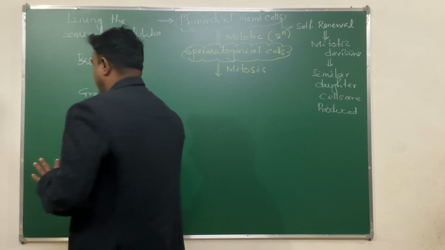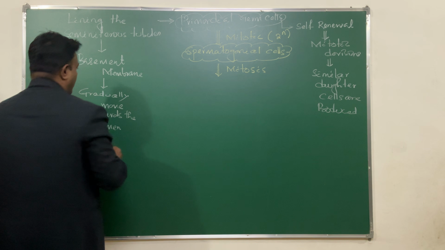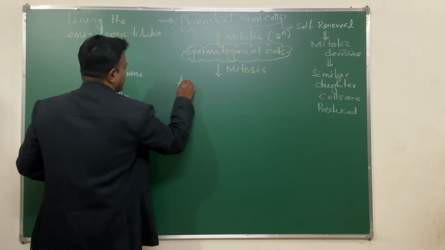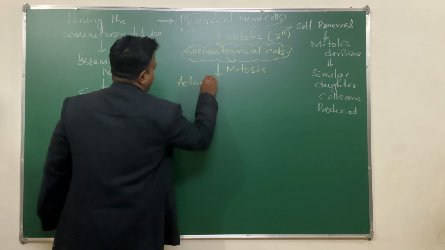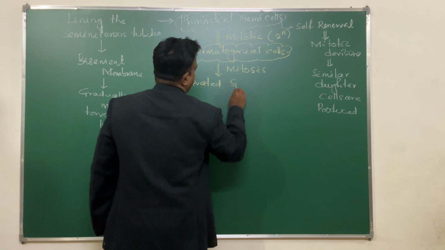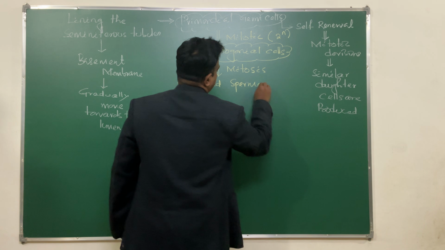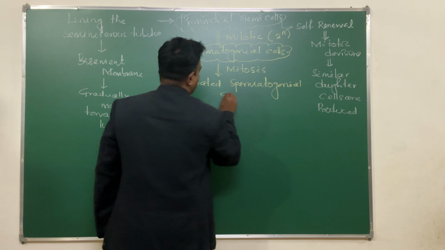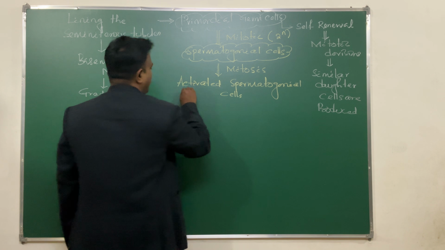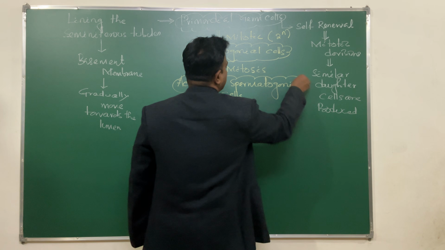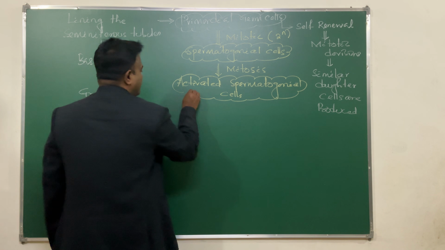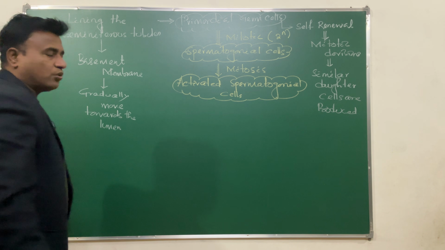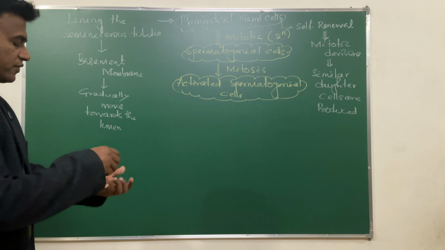Since a series of mitotic divisions are going on, they produce activated spermatogonial cells. That means they become transcriptionally and translationally active. They are now responding in the process of division.